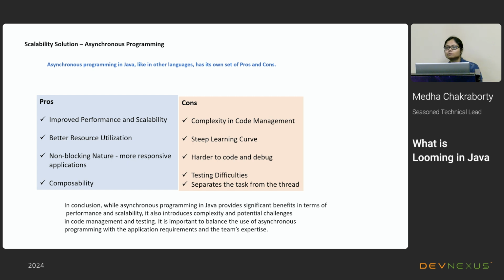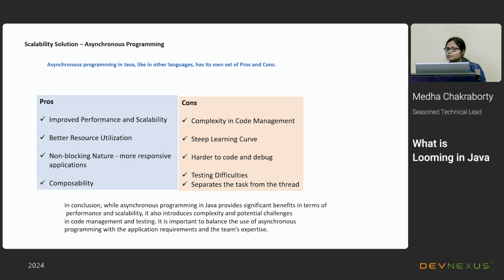When you call a database or an API, those calls are blocking operations because your threads are blocked and you have to wait for that data to come back. When you are blocking, you can make use of your current thread by using asynchronous programming.